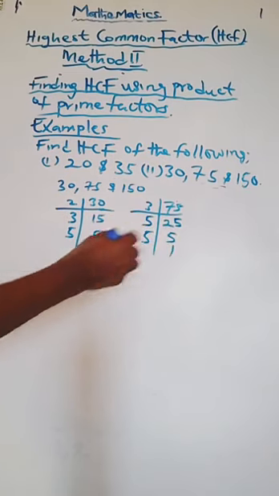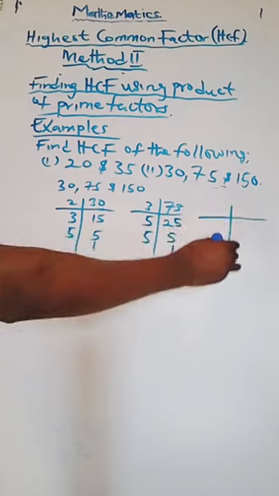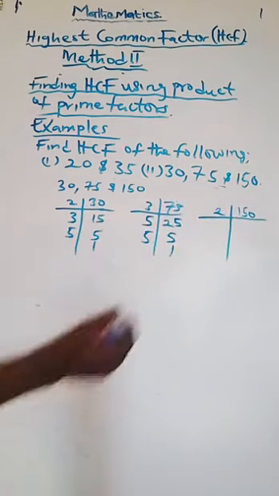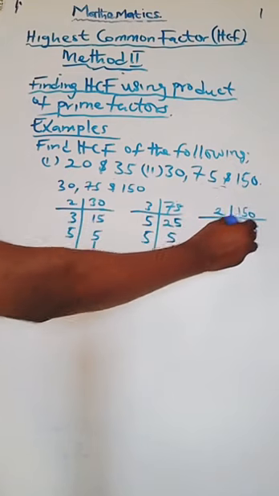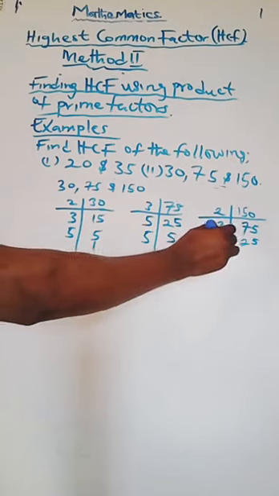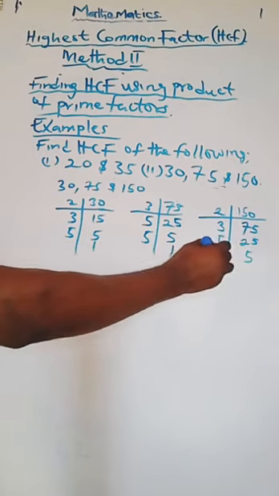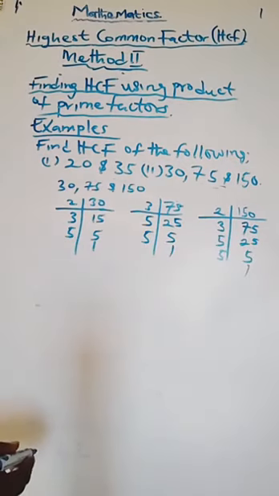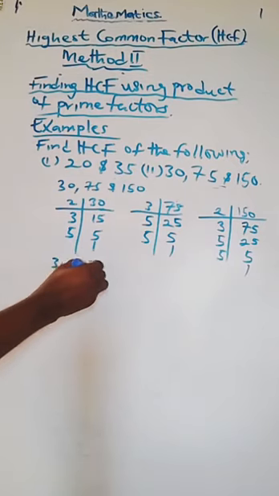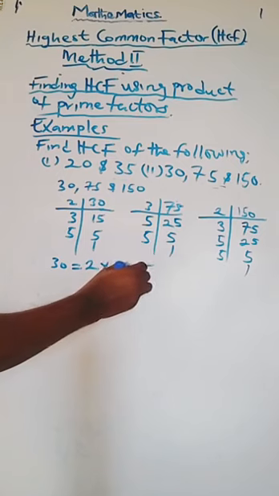So let's go with 150. 150, let's start with 2. 2, 75. 2 cannot go, let's go with 3. 25. 5, 5, 5, 1. Now let's define them. So 30 is 2 times 3 times 5.